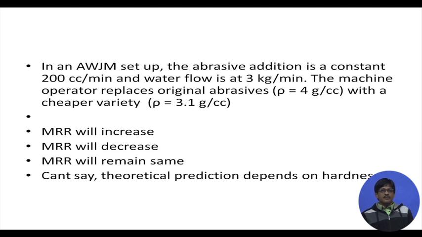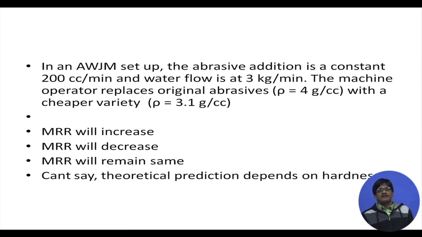The machine operator replaces original abrasives of rho equal to 4 grams per cc with a cheaper variety. So, in that case, the MRR will increase, MRR will decrease, MRR will remain the same, and we cannot say, because theoretical prediction depends on the hardness.